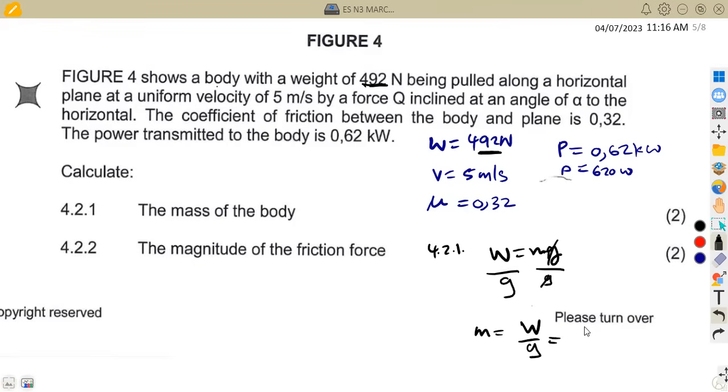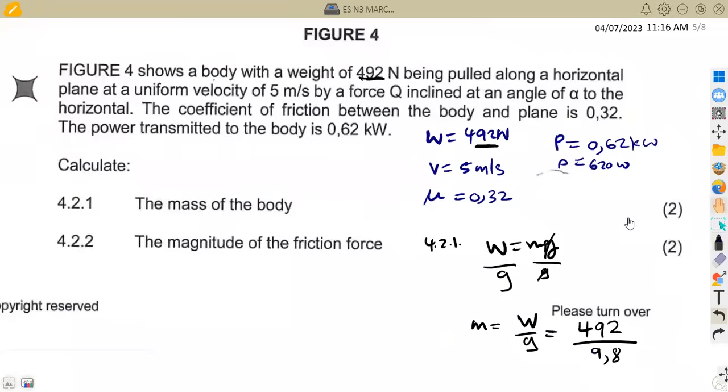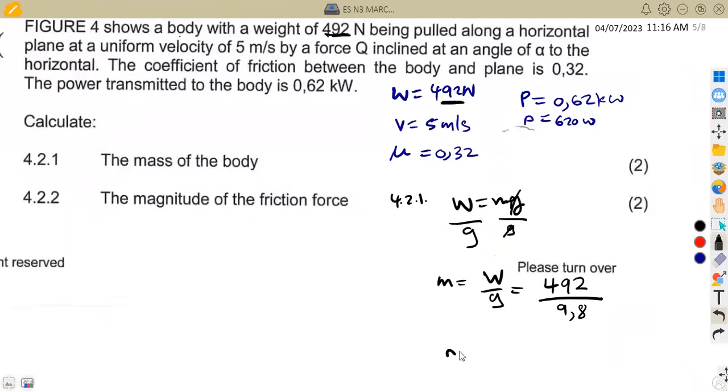So 492 divided by 9.8, depending on the value given on your formula sheet, gives 50.204 kgs. So this is your mass in kgs.